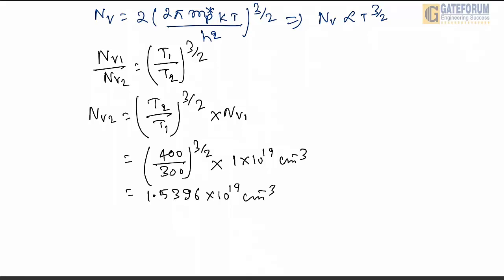So now we need to use this KT2 and NV2 to calculate the hole concentration at T equal to 400 degree Kelvin. So we'll use this equation.